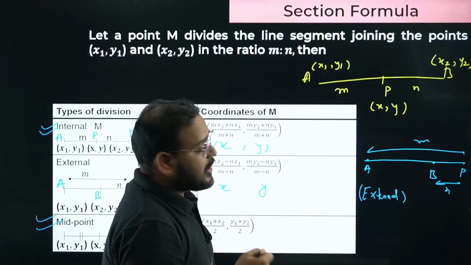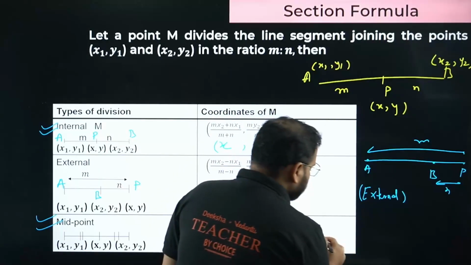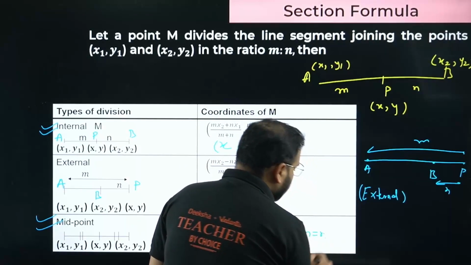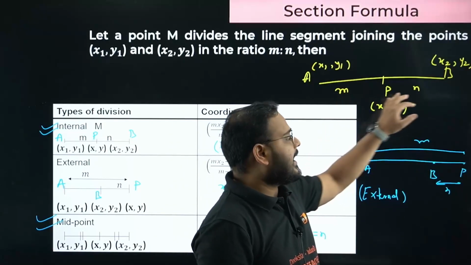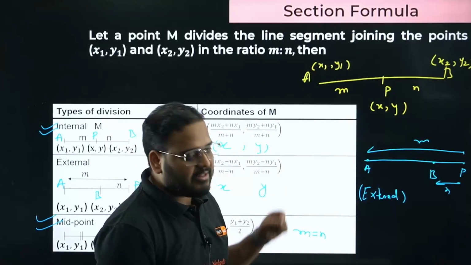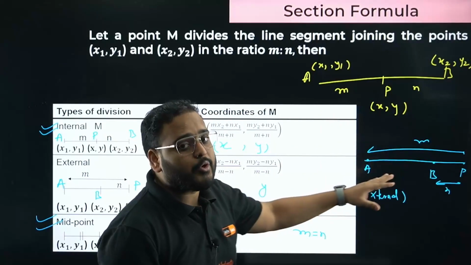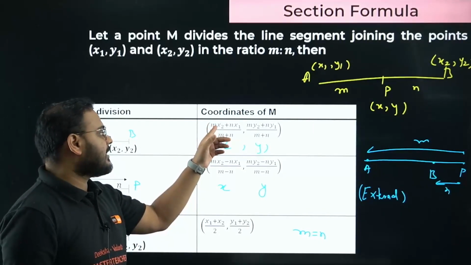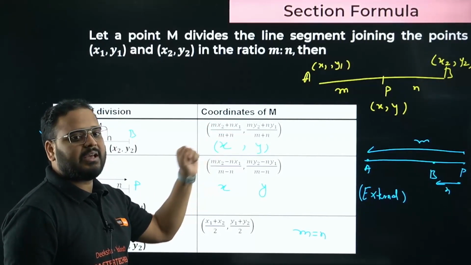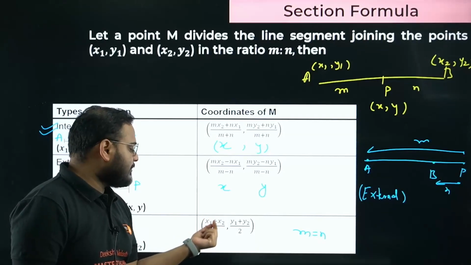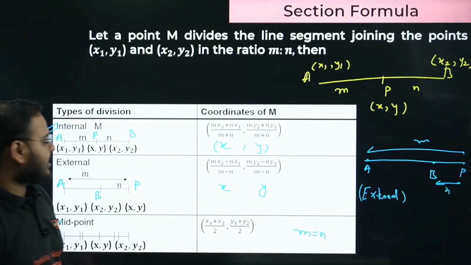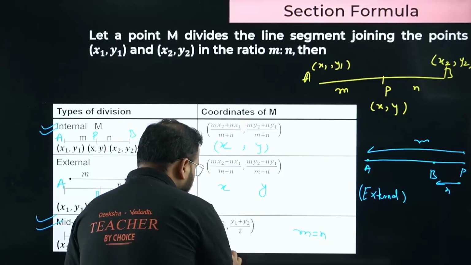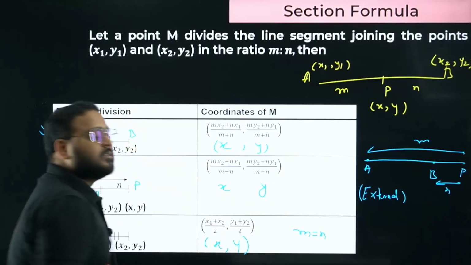Whenever the section M equals N in the case of internal section, this transforms into the midpoint formula. Check here, M is 1 means x2 will be left, N is 1 means x1 will be left. We have x1 plus x2 by 2 for x, and for y it will be y1 plus y2 by 2. I hope this is clear.